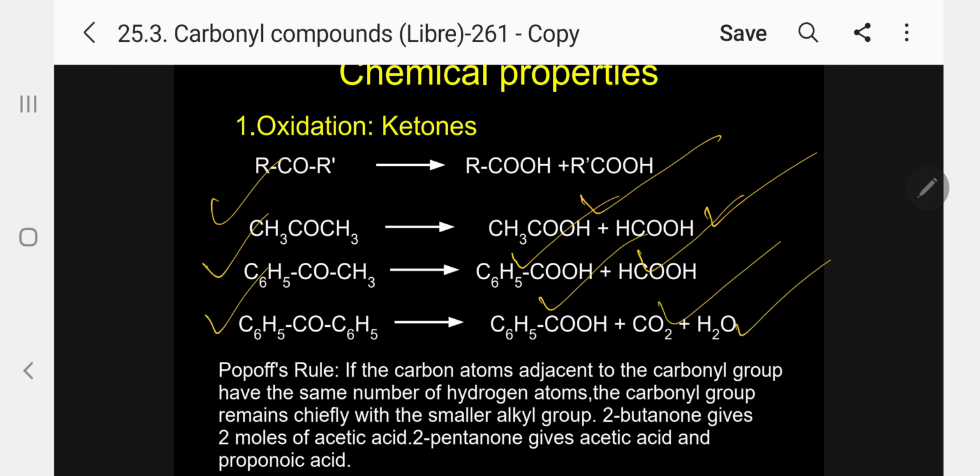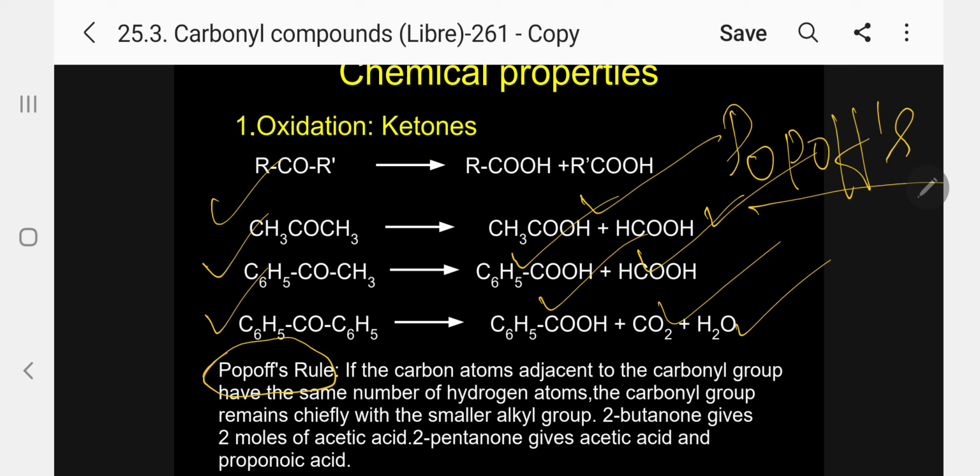Here I have to give one important rule called Popoff's rule. Please remember this. It is useful for deciding on which side of the CO group the bond breakage will take place in the case of ketones. For example, acetone is symmetrical.